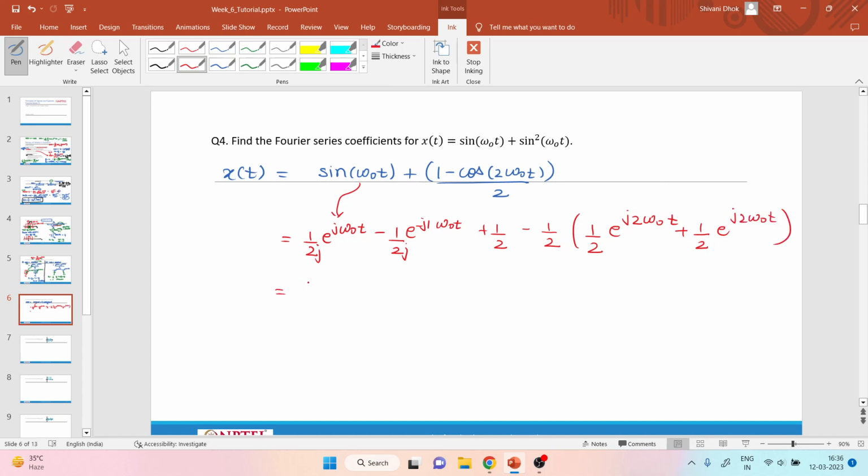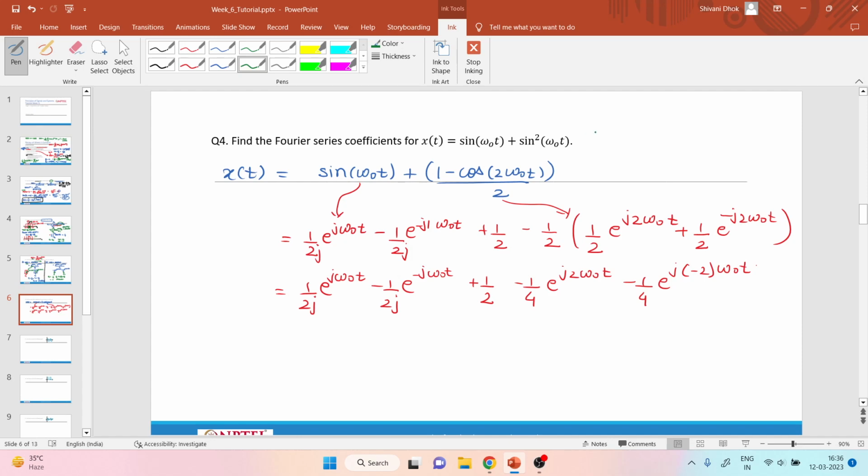So this I can write as 1 by 2j e power j omega naught t minus 1 by 2j e power minus j omega naught t plus 1 by 2 minus 1 by 4 e power j 2 omega naught t minus 1 by 4 into e power j into minus 2 omega naught t.